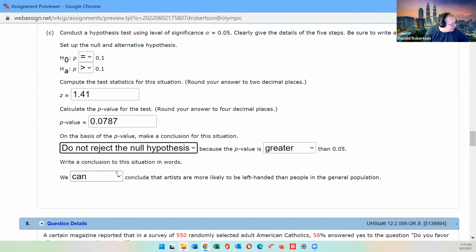Not rejecting the null means there isn't evidence. So that's just another phrase you've got to kind of put together. So do not reject the null happens when the p-value is too big. Reject the null hypothesis is when the p-value is nice and small. And in this case, what does small look like? You have to be less than 0.05 to be small.